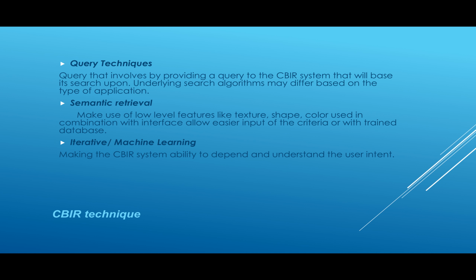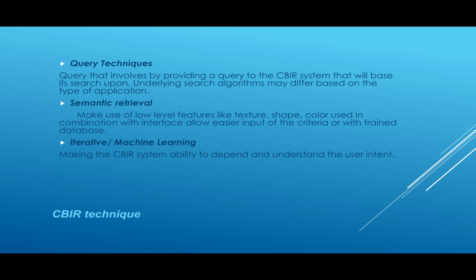There are several CBIR techniques. Some of them are query techniques, semantic retrieval, and iterative or machine learning. Query techniques involve providing a query to the CBIR system that will base its search upon. Underlying search algorithms may differ based on the type of application.